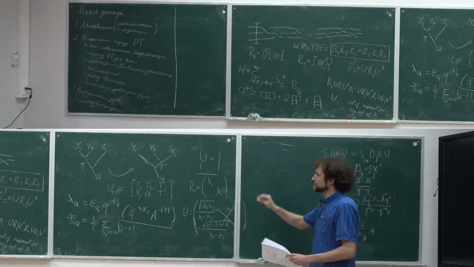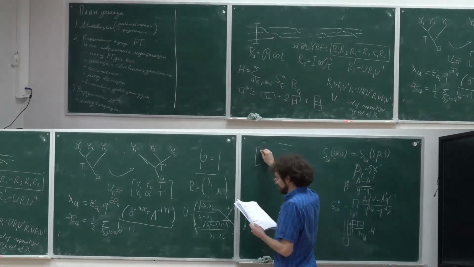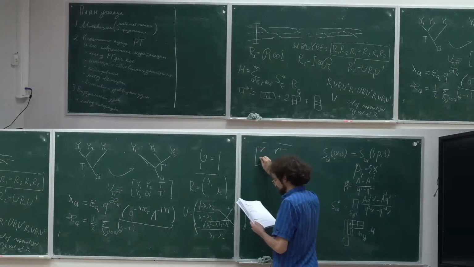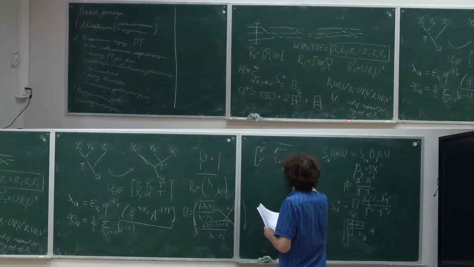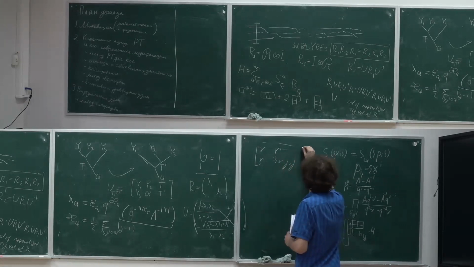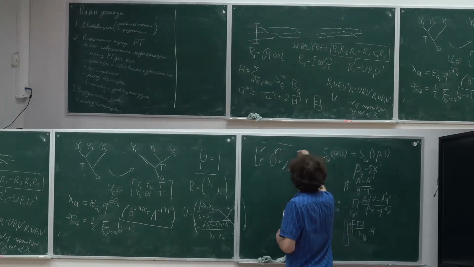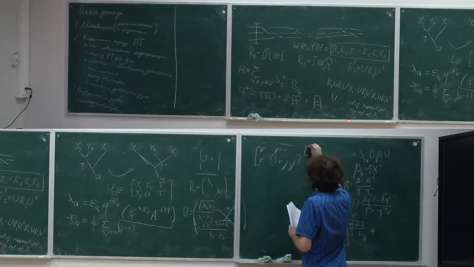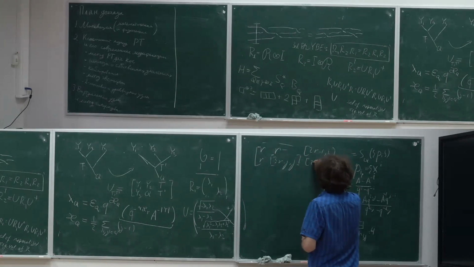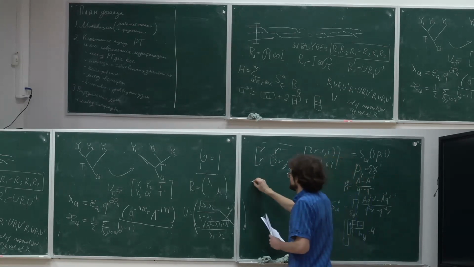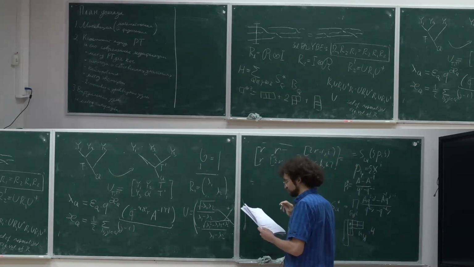So basically it works like this: this Racah matrix, this 6j symbol, is equal to the same one where I add just one box for each row.